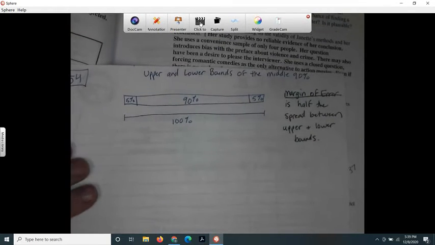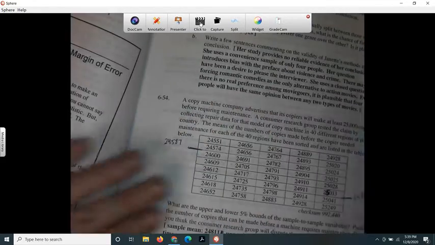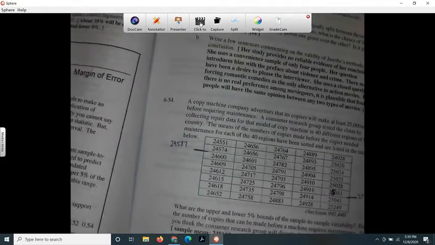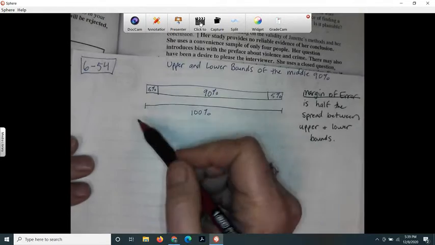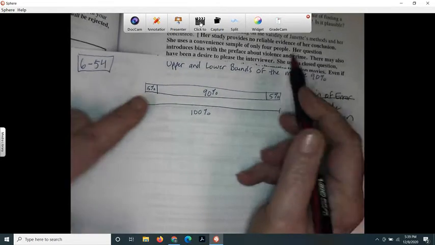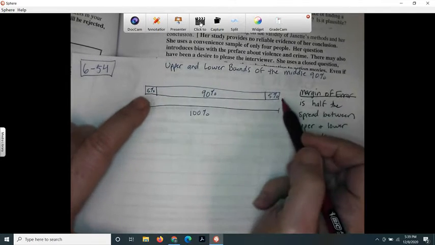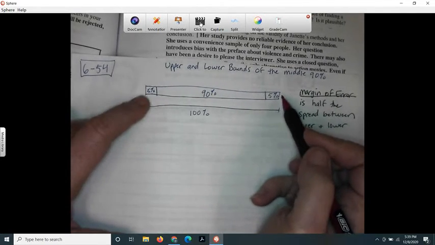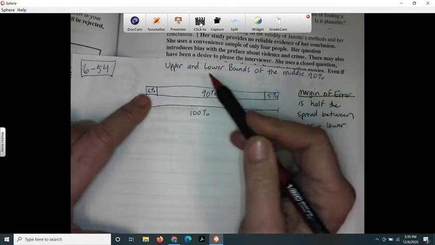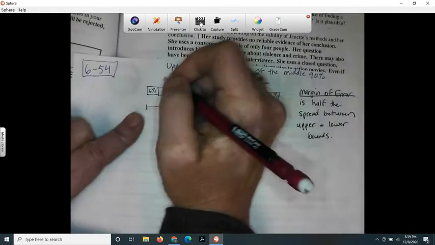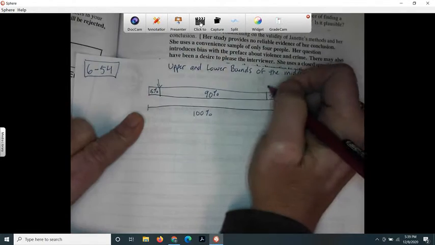Upper and lower bounds, when we're looking at this kind of data, we want the middle 90%. So if this is 100% all the way across, the middle 90 is going to leave 10%, 5 on each side. That's why they're talking about the upper and lower bounds. So this would be the lower bound and this is the upper bound.